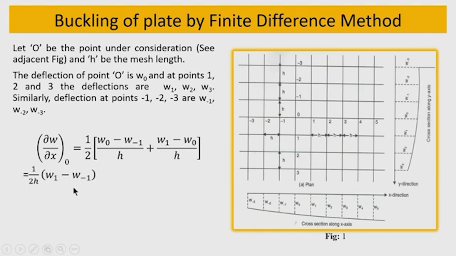So, if I see the coefficients of the deflected surface, for W 1 the coefficient is 1, for W minus 1 the coefficient is minus 1, because the negative sign is there, and for W naught the coefficient is 0, because no W naught appears.